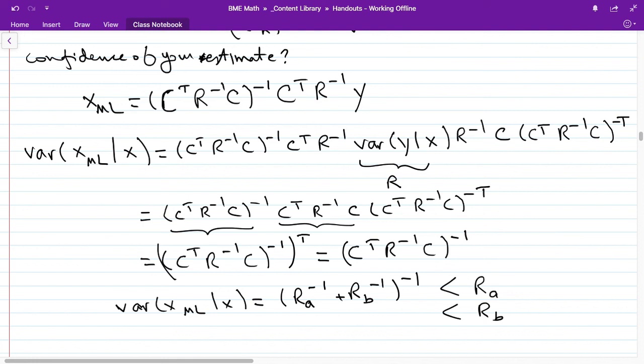So this led to the thinking that when the brain was estimating things from two sensors, it was combining those two sensors in a probabilistic way to maximize the likelihood. Now, how would the neurons do that? That's another question.